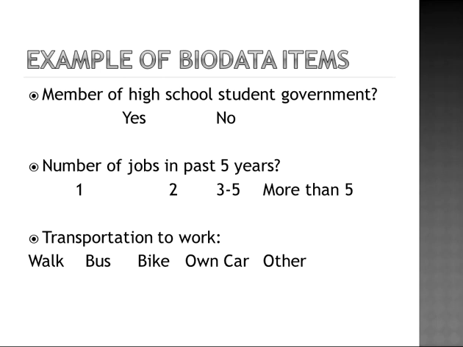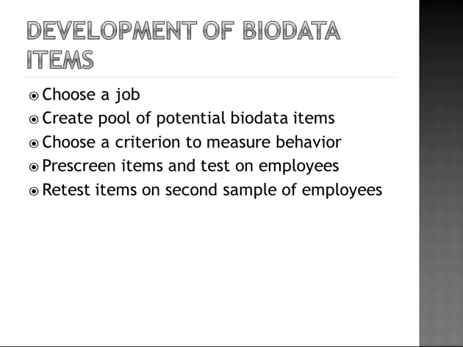So again, the idea is that they've done research, and this research has identified certain types of questions that seem to be quite predictive of job performance. So how do you go about this? Development of biodata items. Well, you choose a job. You create a pool of potential biodata items.